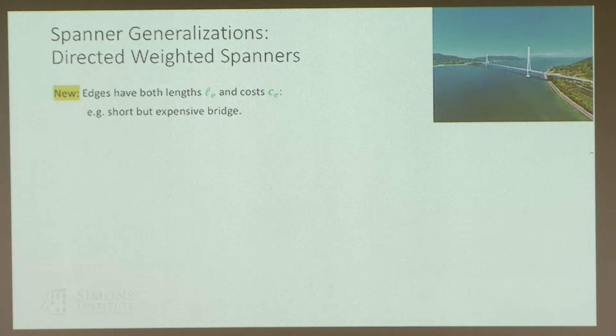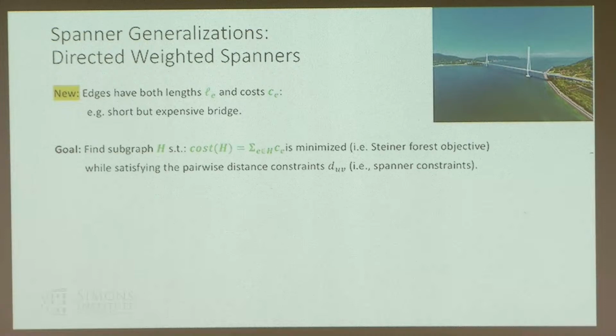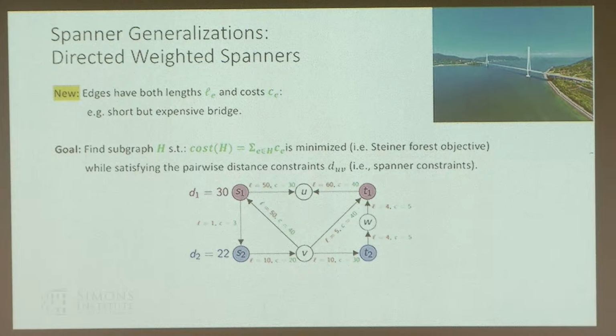But you can imagine that you'd like other parameters to describe your problem. So in particular, you have arbitrary costs on edges, and the goal is to output a cheap graph H such that spanner constraints are satisfied. Anyways, this is a scary picture. I'm not going to go through it.